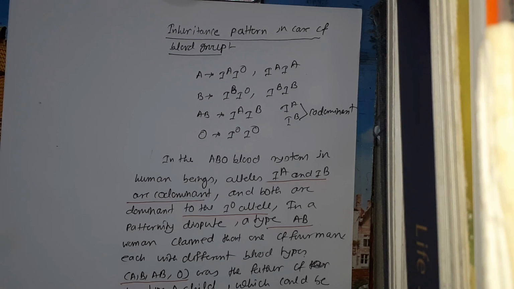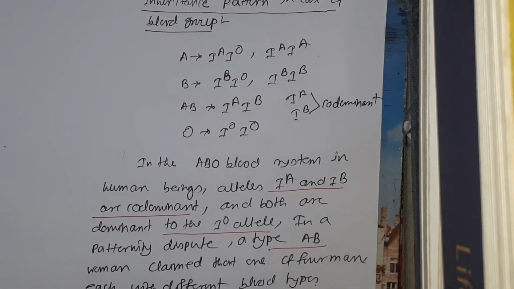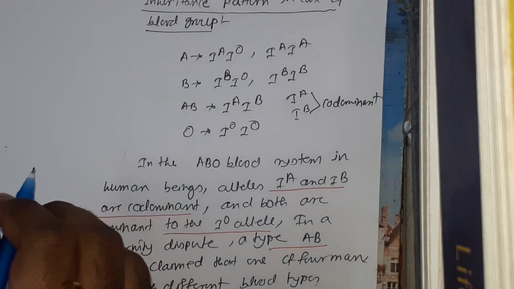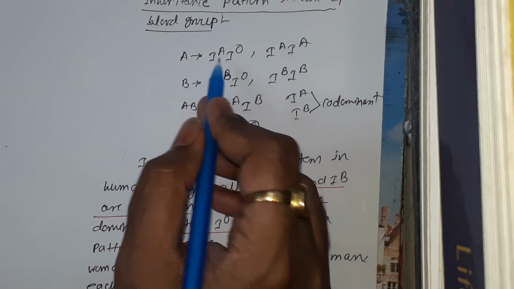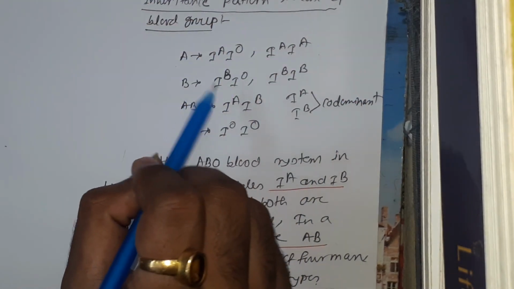So before going to talk about the math, we are going to revise the genotypes that we are going to use, and I have already told you in, I think, the second or third video of our blood group lecture series. In case of A blood group, we can represent it in two possible genotypes.